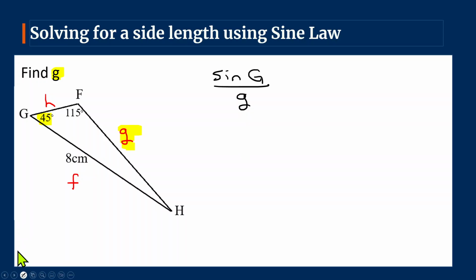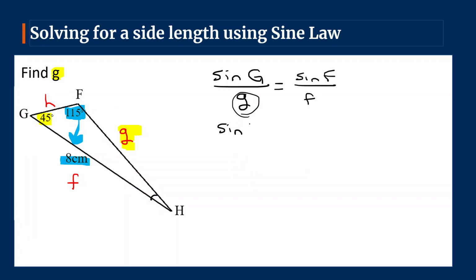So obviously I know a lot about F. So angle F is known, and so is side F. So in order to do this problem, I'm going to relate sine G over G to sine F over F. Now, I do not care about either angle H or side H, so I don't even need to say equals sine H over H. I only want 2 parts at a time, and those are the 2 parts I'm going to use because I have all the information except for little g.